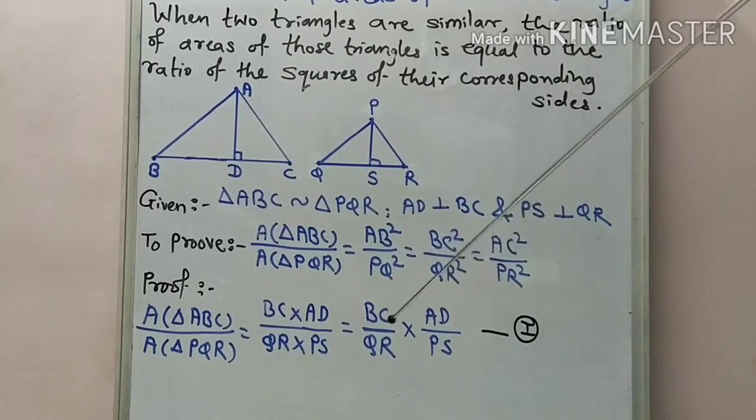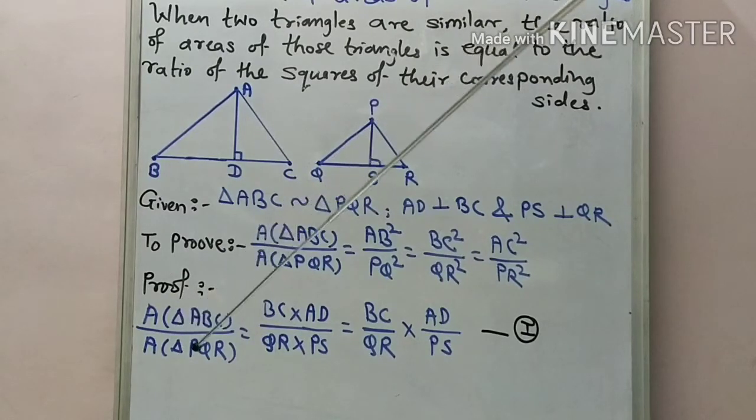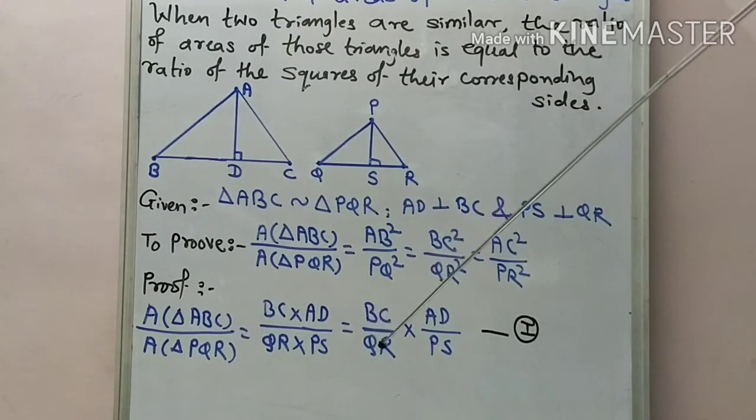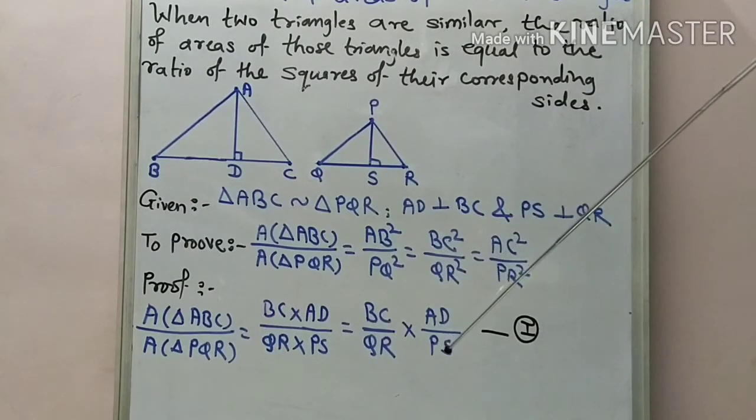Okay, so what we observe here, students, pay attention. Here on the right-hand side we get BC square upon QR square. As we start the proof, on the left-hand side we get what we required. Now here we get BC upon QR into AD upon PS.